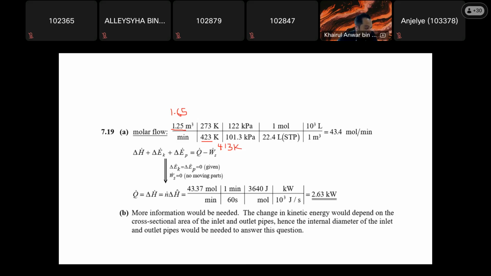Refer to the stated condition of A at the heater outlet. We get the molar flow rate.